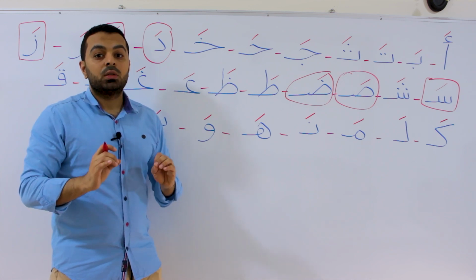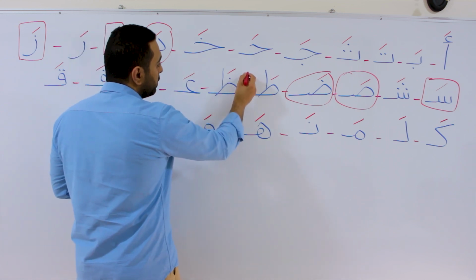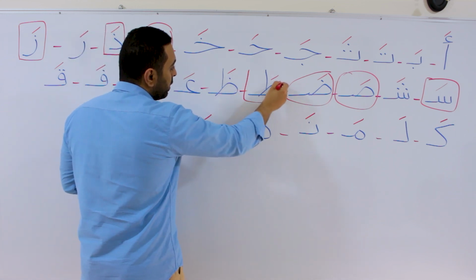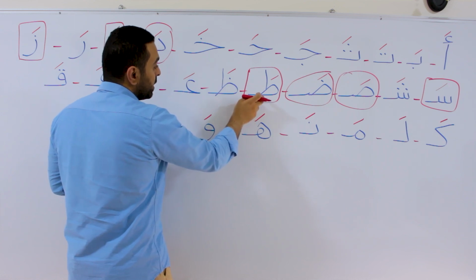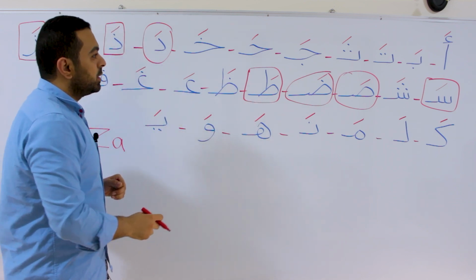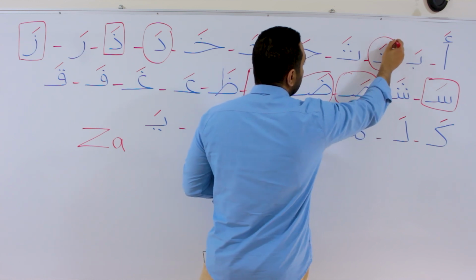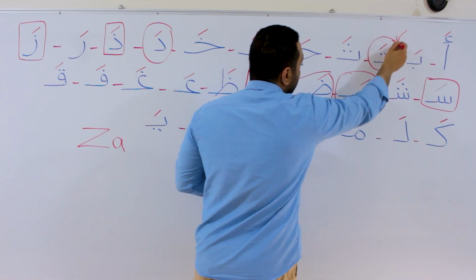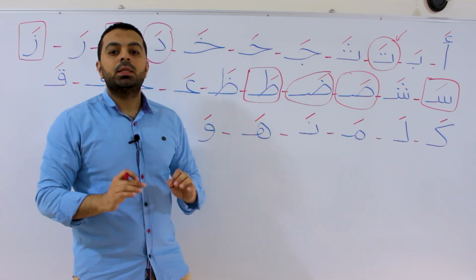After that comes ta, and you need to differentiate between this one and that one. That one is ta. However, that one is heavy.